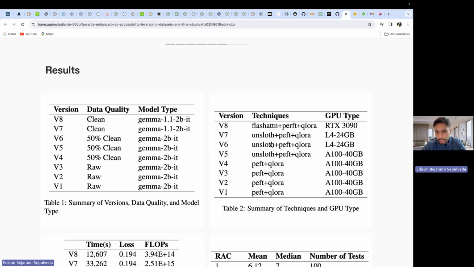Also, we used PEFT and LoRA techniques to reduce the use of big GPUs, and then we applied flash attention to improve the training time. And with that, we trained the last version on an RTX 3090 GPU.